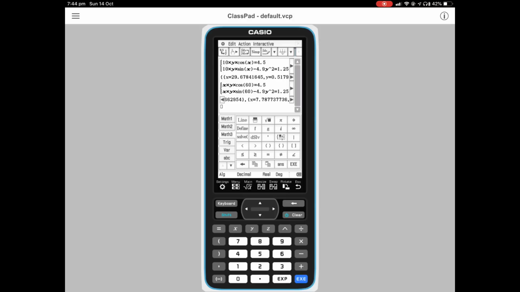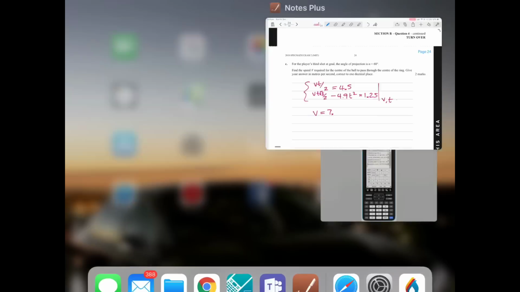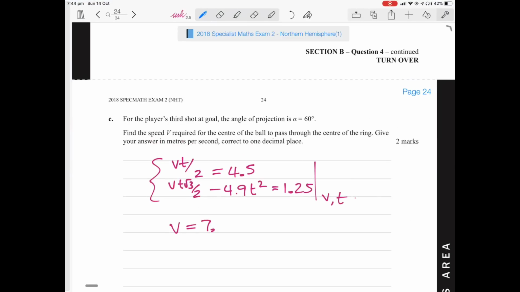Okay, and we get V equals 7.8 meters per second.